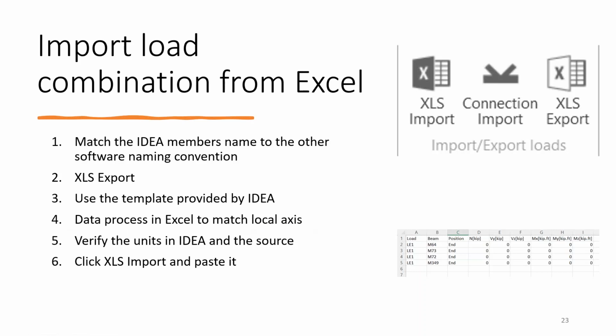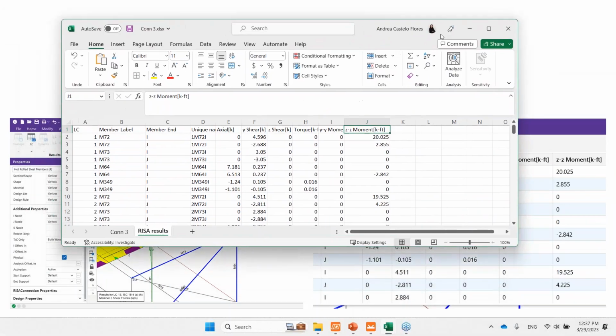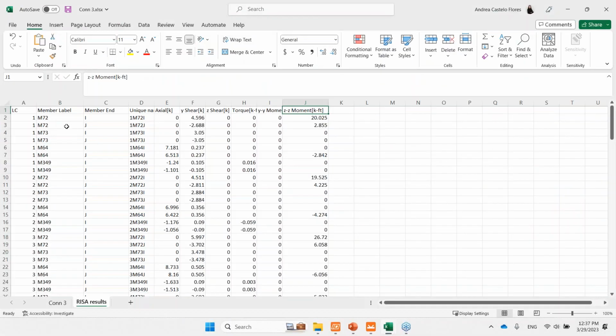So in Risa, let me go back here. In Risa, I can export the forces to Excel from those selected members. You use the filter out option, you export the data, and this is what I got from Risa. Let me show you here. This is that big list.